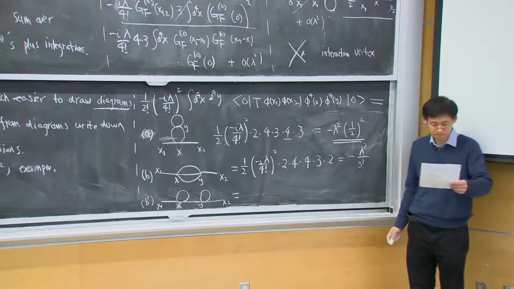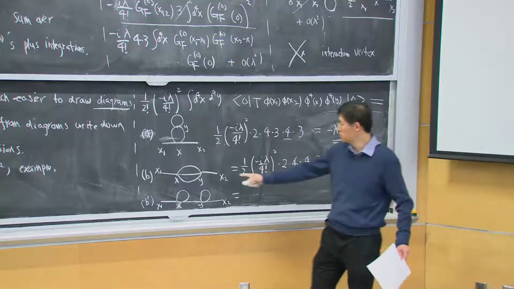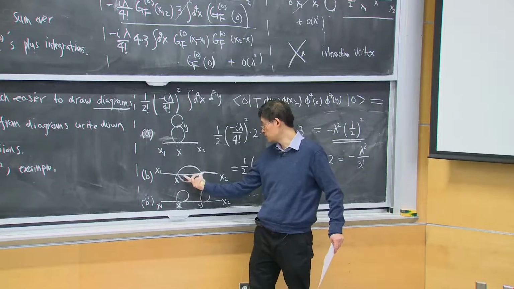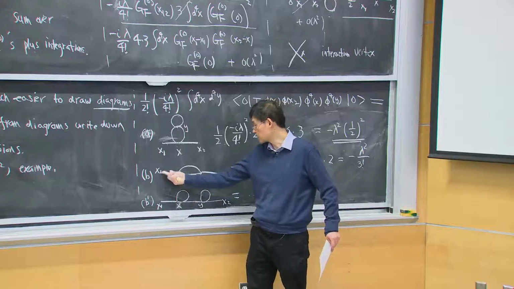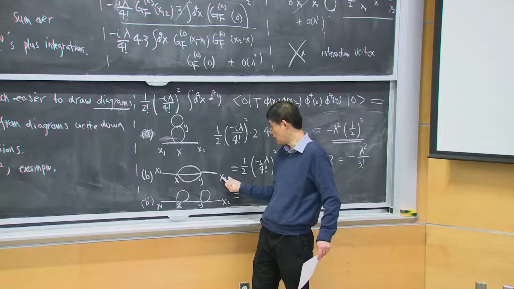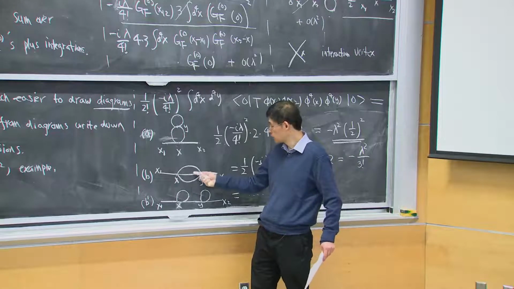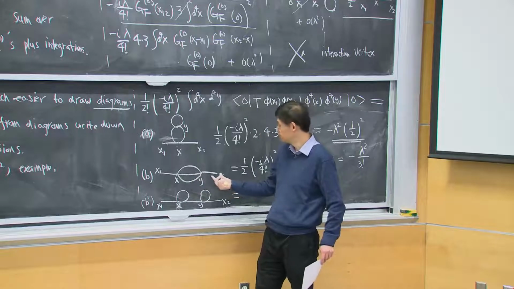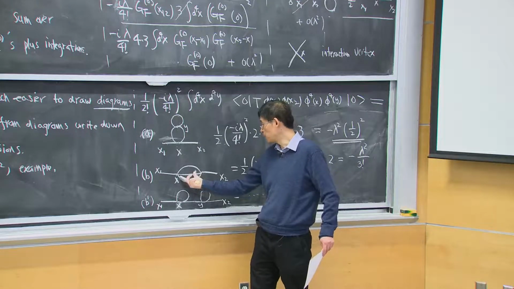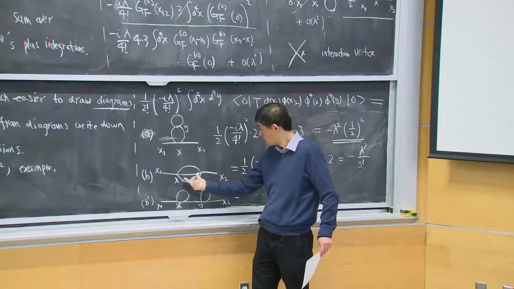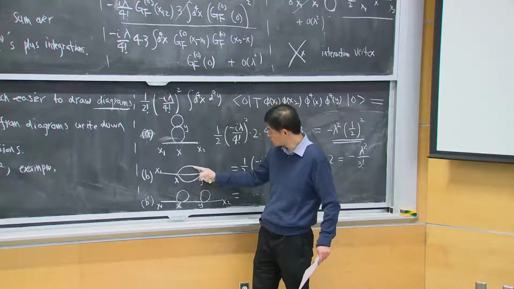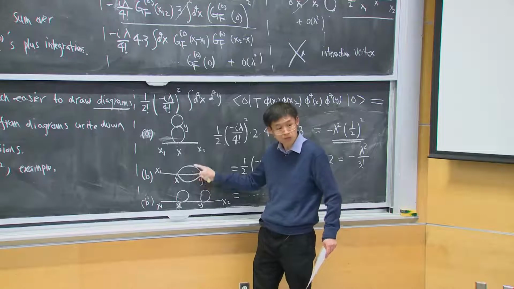Similarly from here, x and y are asymmetric, because one is contracted with x1 and one is contracted with x2. So there's no symmetry factor from permuting the vertices, but between x and y there are 3 legs which are symmetric.